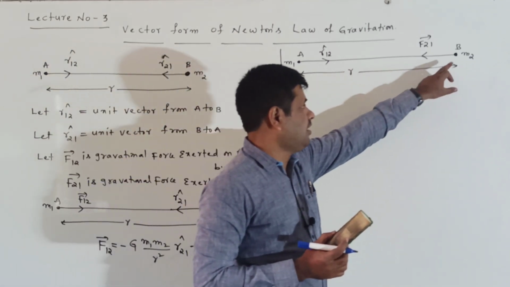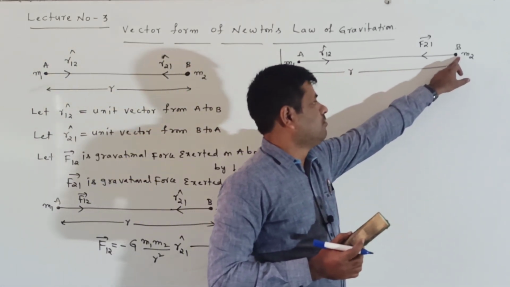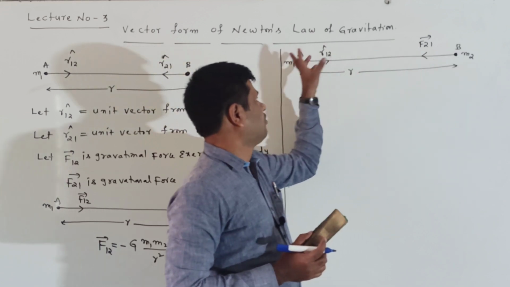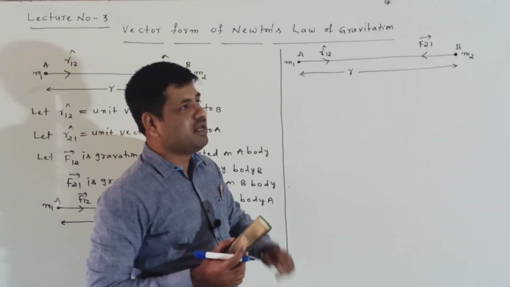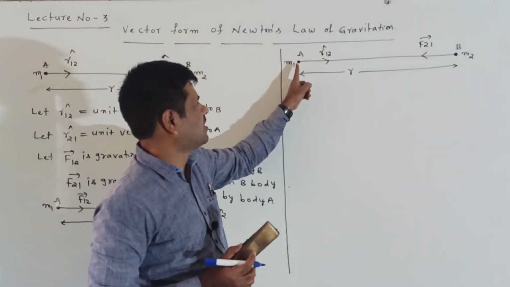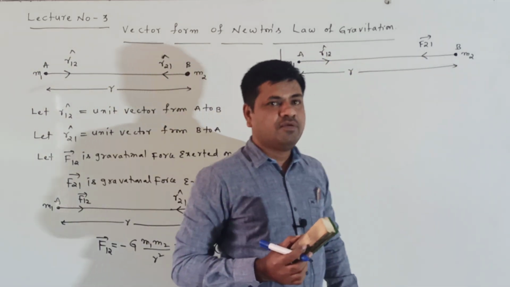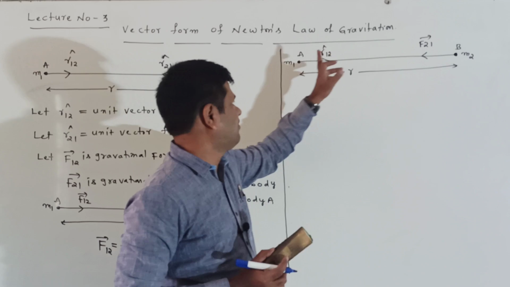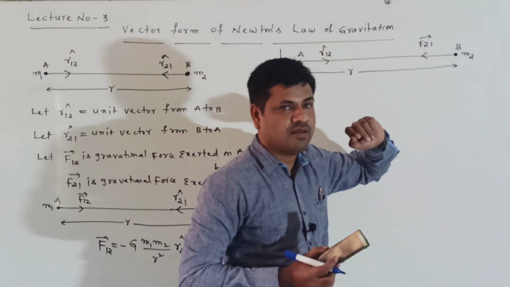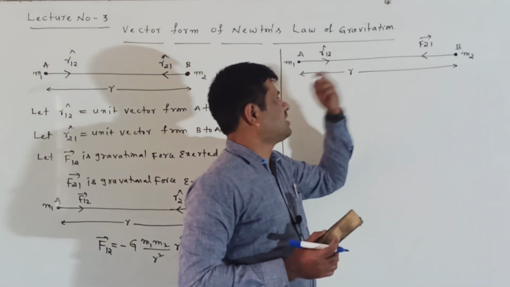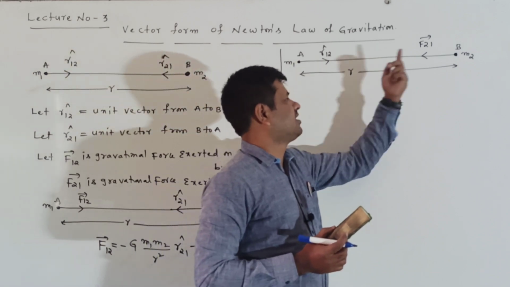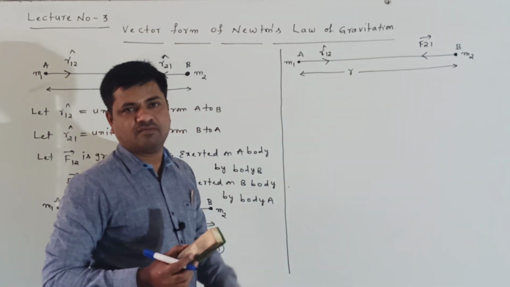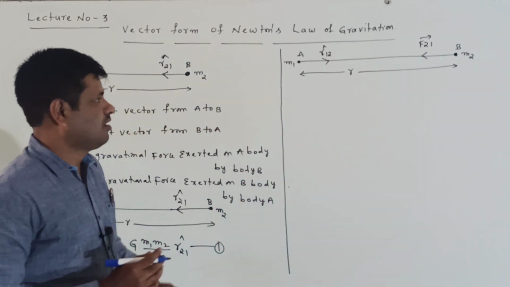Here on the B body, due to which body is the force acting? Due to A body. That's the reason I considered the unit vector from A to B. Means due to A body the gravitational force is acting on B body, so we take the unit vector from A to B. Here B body is attracting the A body, and that's the reason we give the force direction in the opposite direction. Okay, these are the reasons.